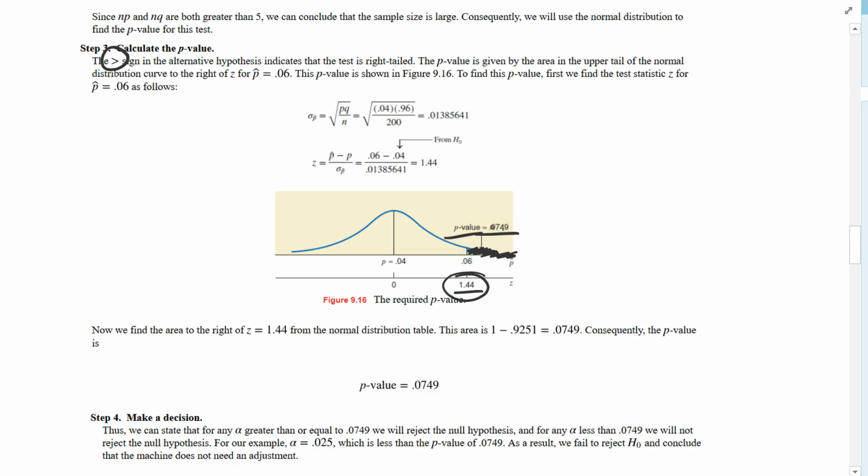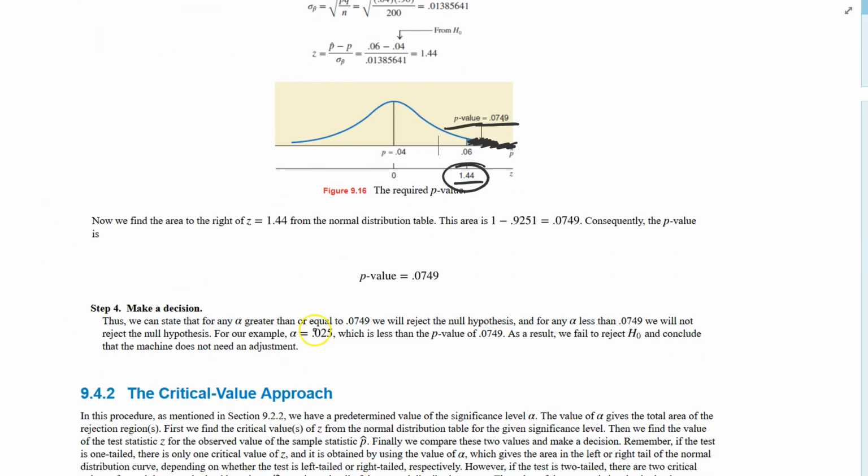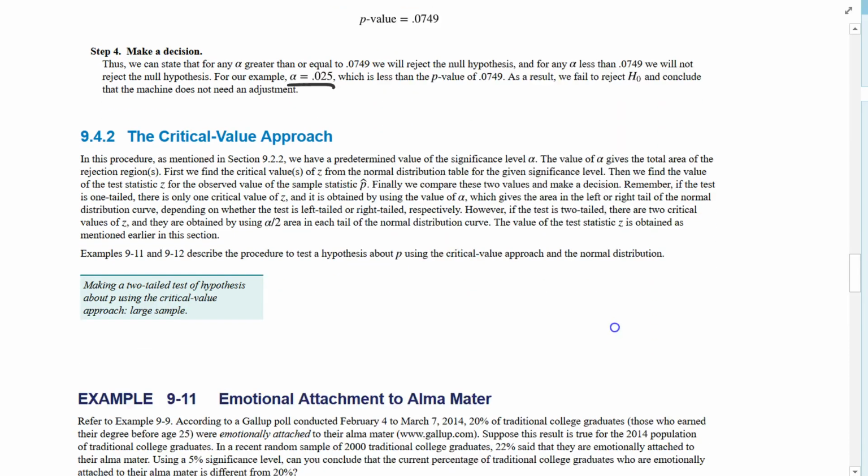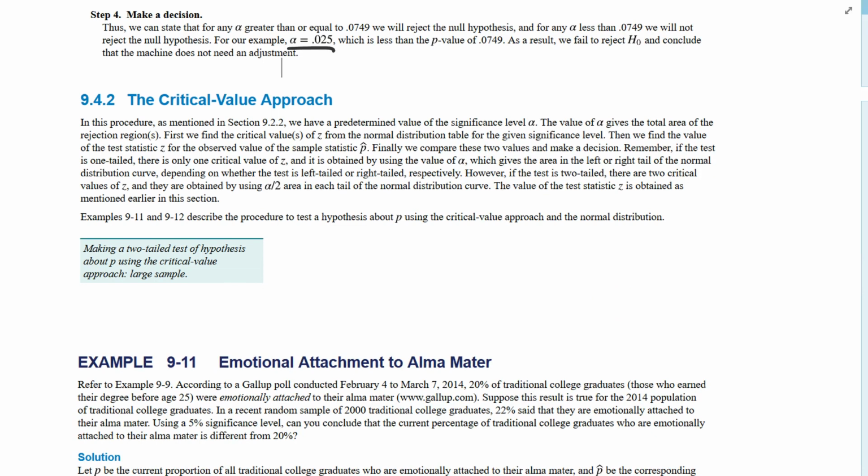And then when you want to make a decision on your critical value, that depends on your alpha that's given. If your alpha is greater than the p-value, you reject; that's what you make the decision on. With the critical value approach, you have to be very careful whether you're doing a right-tailed, left-tailed, or two-tailed test.